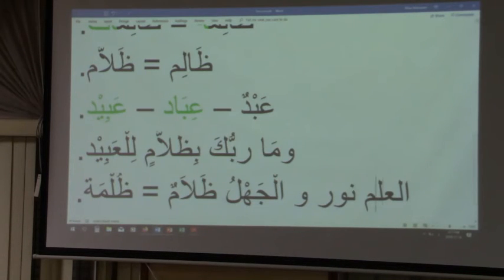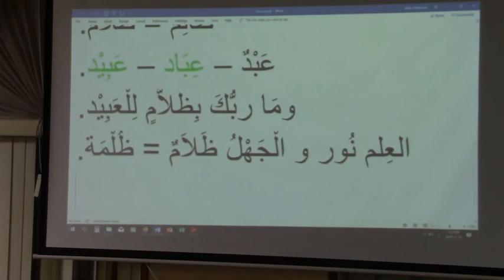Let me repeat this for you, inshallah. ما معنى العلم, knowledge; نور, light; جهل, ignorance; ظلام, darkness. Now if jahlun is ignorance, I have the root word. What's the root word? Jahala. Jahila or jahala, both are correct. Jahila, to be ignorant.